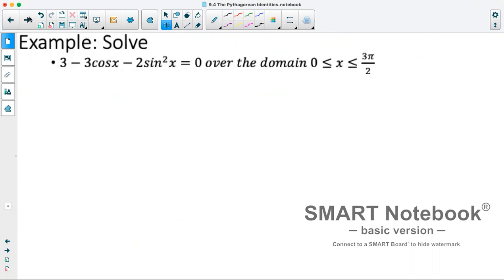Okay, next we'll utilize this to help us solve an equation. So we've got 3 minus cos x minus 2 sine squared x equals 0 over the domain from 0 to 3 pi over 2.